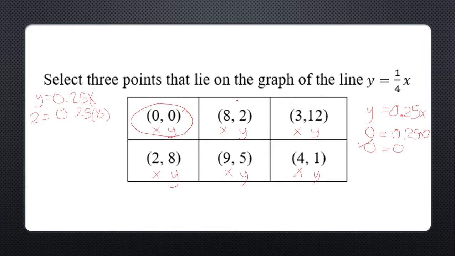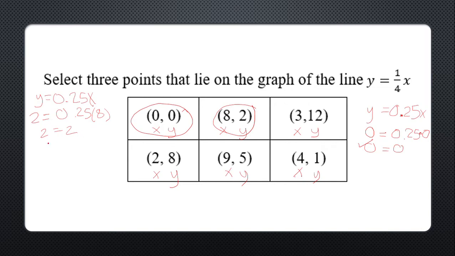All right. So the answer to that is, if you plug that on your calculator, then yes, it does. They do equal each other. So this one is also one that's going to work.